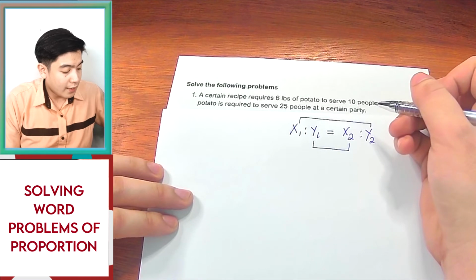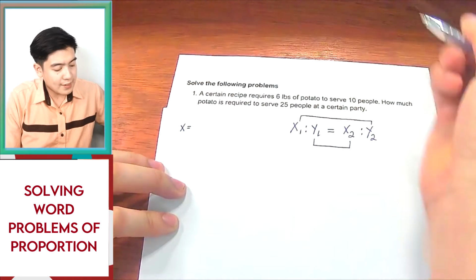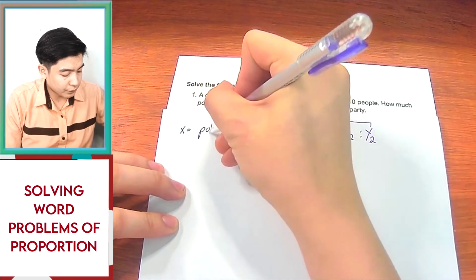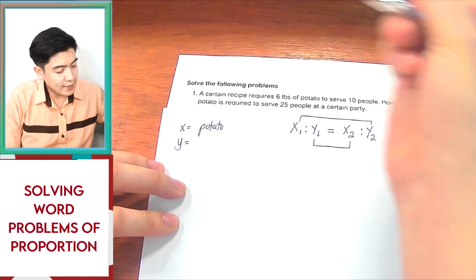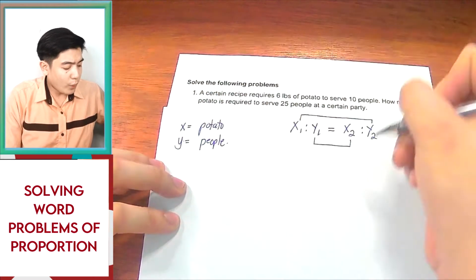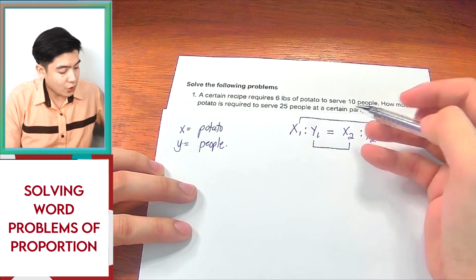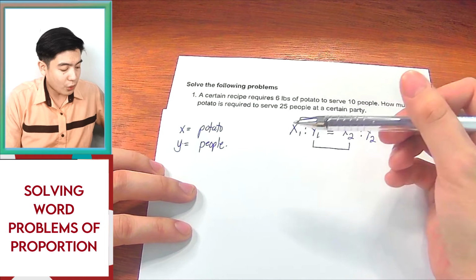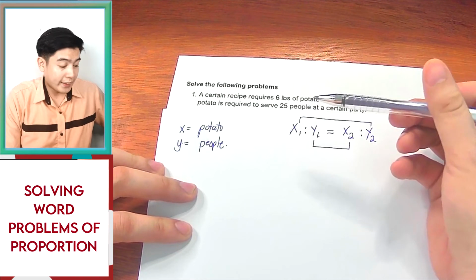So let x be the potato, and y will be the people. What will be the value of x sub 1 here? Kung mapapansin nyo, yung x natin ay potato. So ano ba yung unang value ng potato na binanggit?